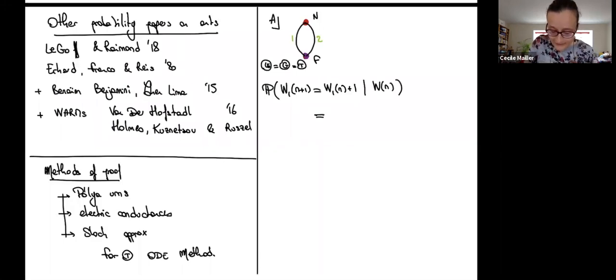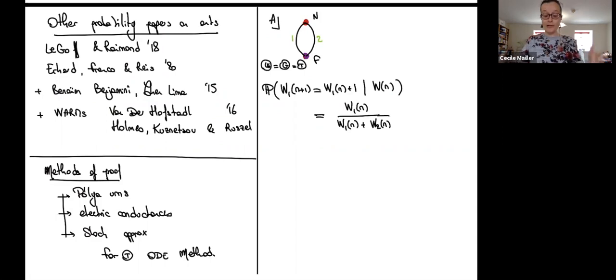It's equal to the probability that the ant chooses to go through edge number 1. And we know that the ant chooses which edge to cross with probability proportional to the weights. So this has to be W1(n) divided by the total weight, W1(n) plus W2(n).